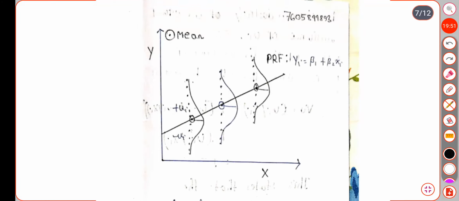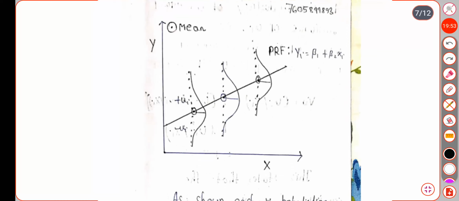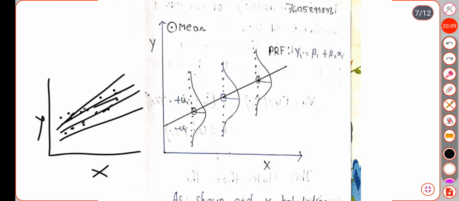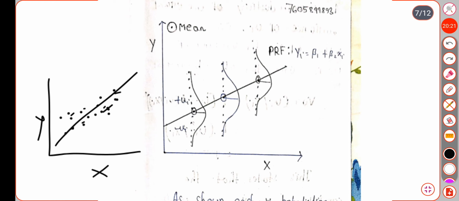Suppose this is our x and this is our y. There are multiple scatter points here. Now this can be a line, this can be a line, and this can also be a line. There can be multiple lines you can draw, but which line will you select as the best fit line? The line that has the minimum distance from all the points. That line we will select as the best fit line.